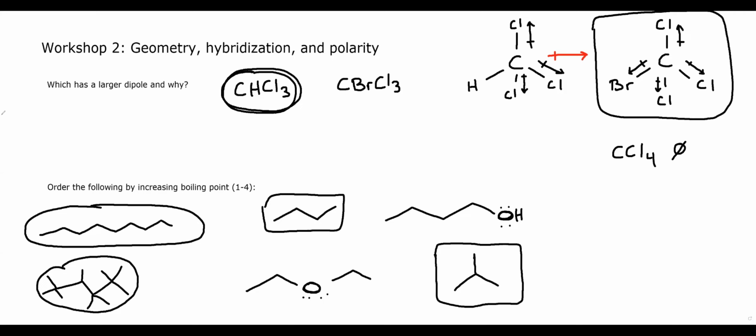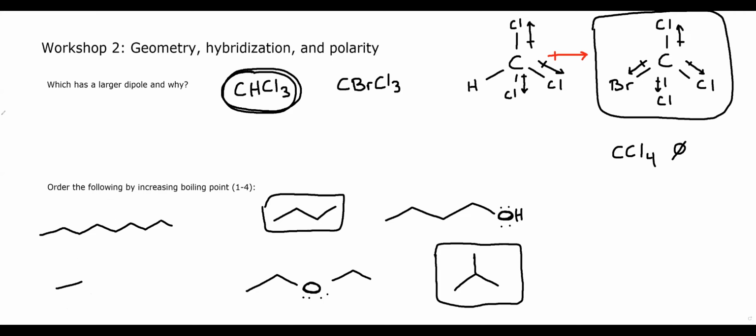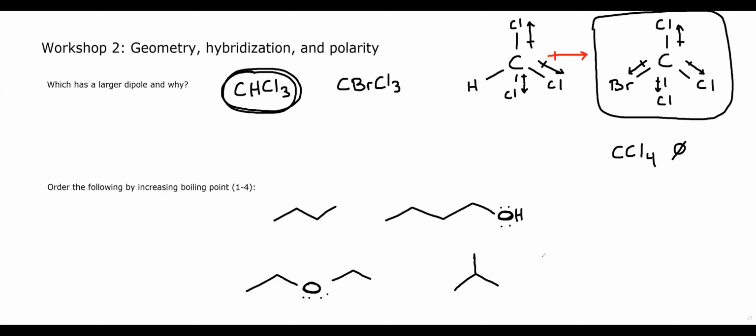So our lowest boiler is going to be the branched hydrocarbon on the bottom here. So let's put 1 right there, followed by our straight chain, 2. Again, because we're first eliminating the oxygen compounds, because those will have much higher boiling points due to dipole interactions.